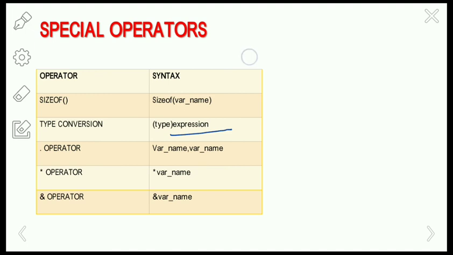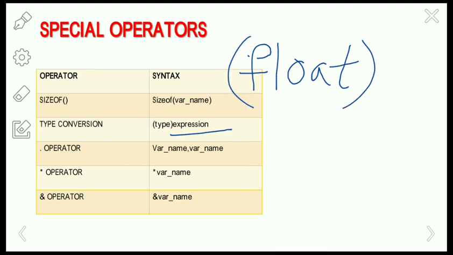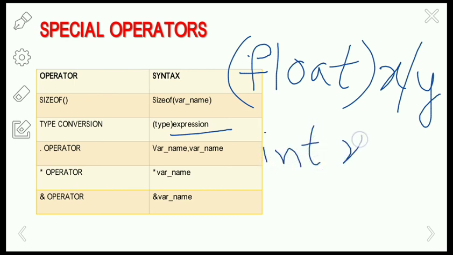If I want to convert the given expression into float, then I can give float of x by y. Then it is going to automatically convert the given values into float value. Suppose I am taking x and y as int, with x value as 4 and y value as 2.